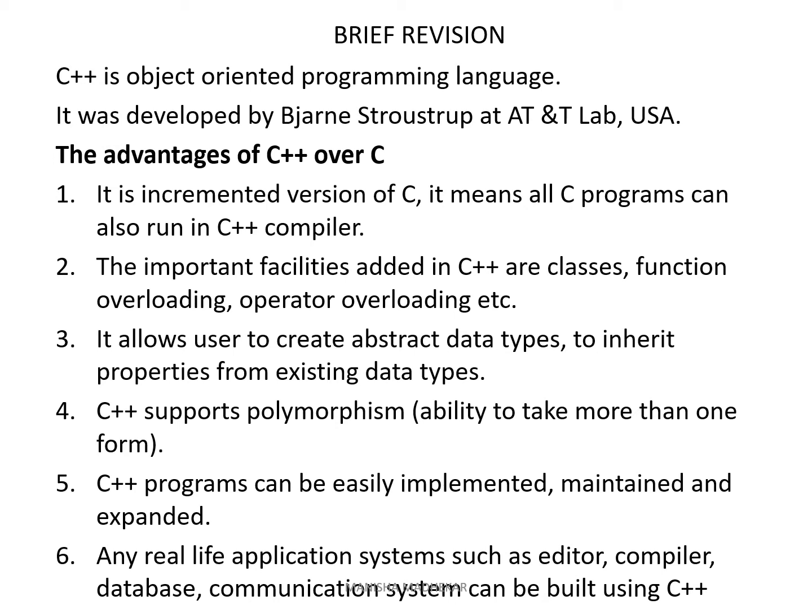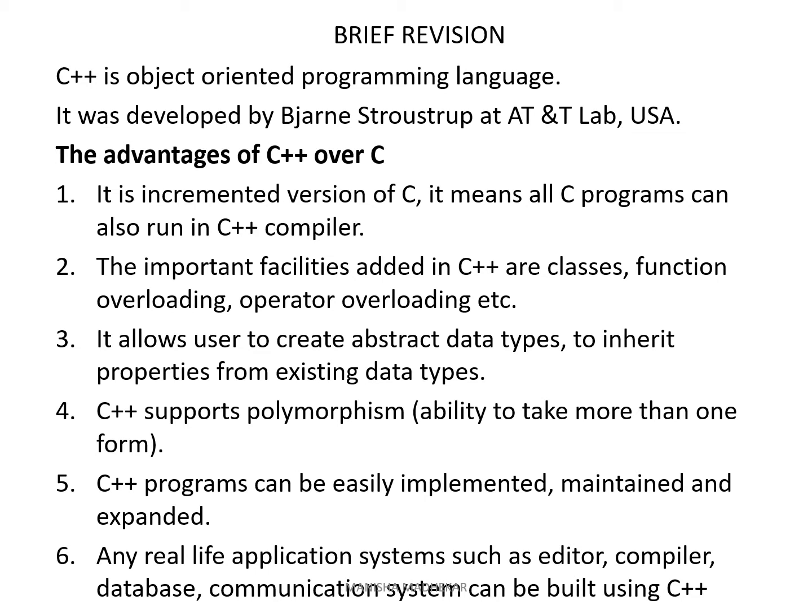The advantages of C++ language over C language. It is an incremented version of C. It means all C programs can also run in a C++ compiler. The important facilities added in C++ are classes, function overloading, operator overloading, etc. It allows the user to create abstract data types and to inherit properties from existing data types.